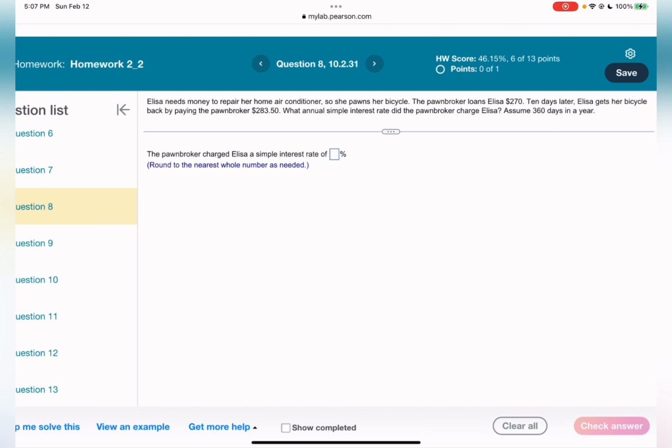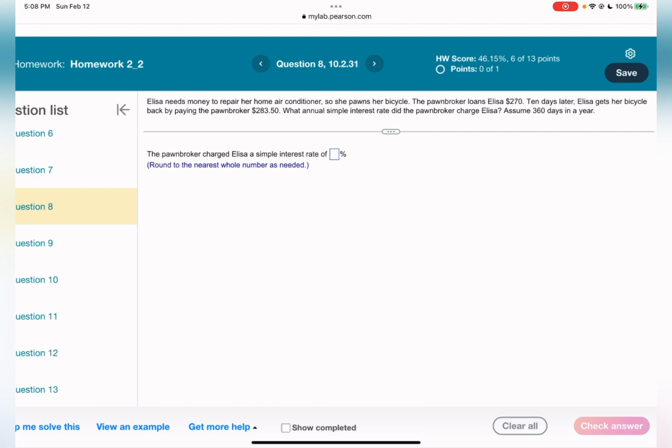The loan principal is $270. 10 days later, Elisa gets her bicycle back by paying the pawnbroker $283.5, which means principal plus interest, right? I will rewrite all this.